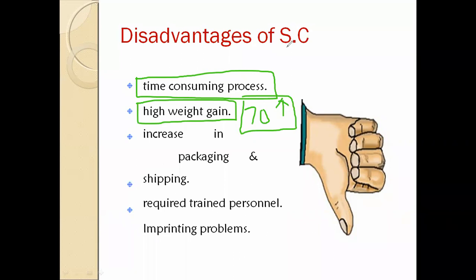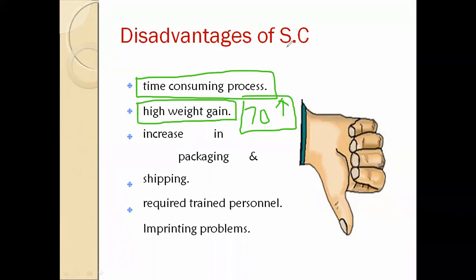In the later part, we are going to see the difference between sugar coating and film coating, where you'll understand it in a more proper way, that as sugar coating is a multi-step process, it requires more time. It also increases the weight of the formulation.